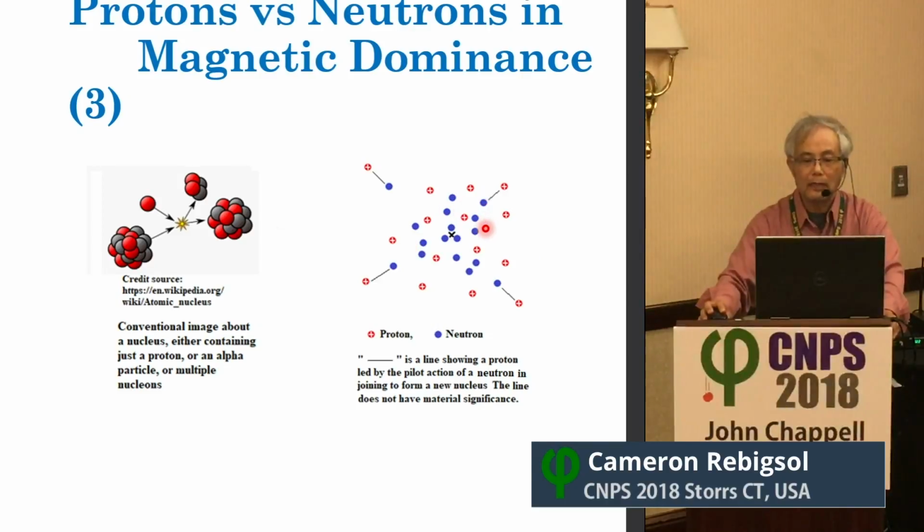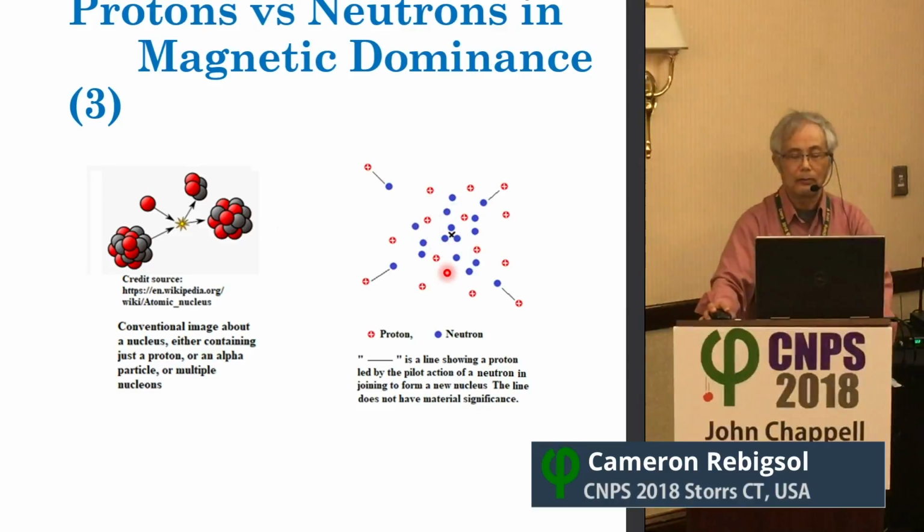They have a certain layer distribution, and a lot of times, one proton and one neutron will go as a pair to join the group, and this line is a geometrical indication. It's not a real thing that exists.